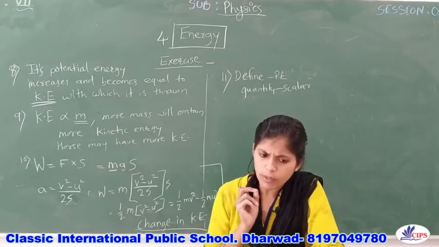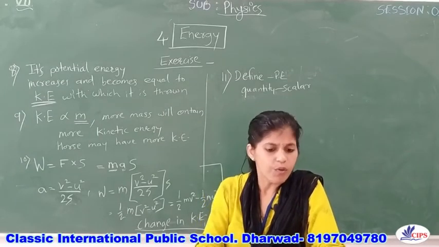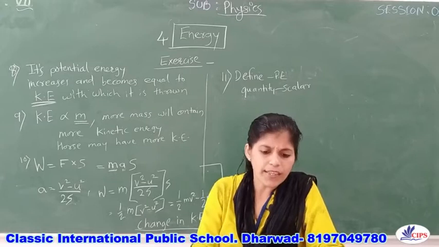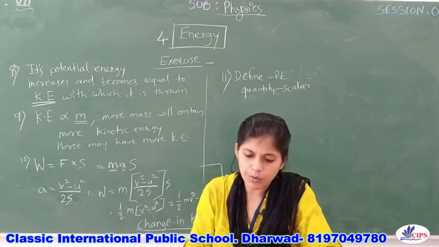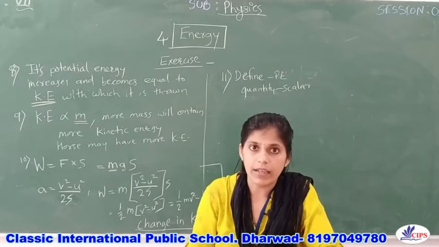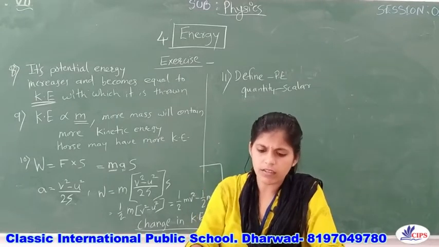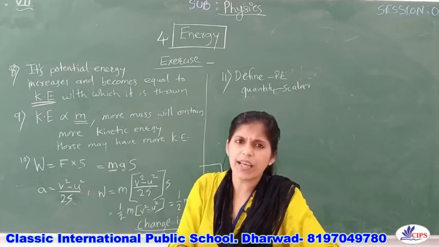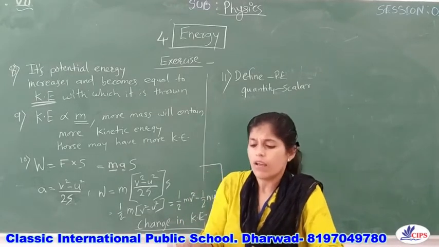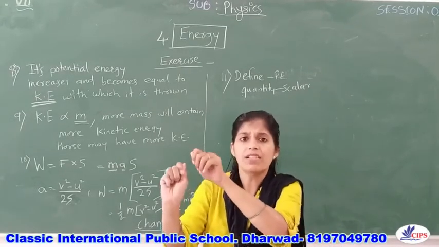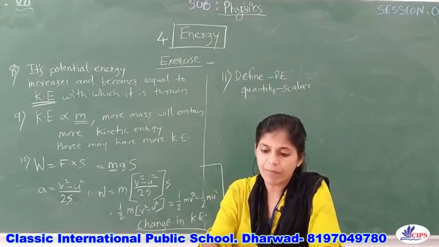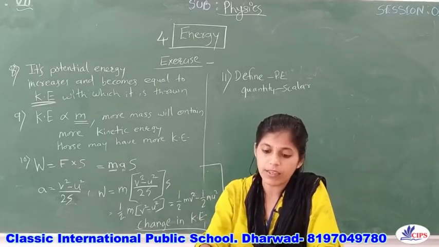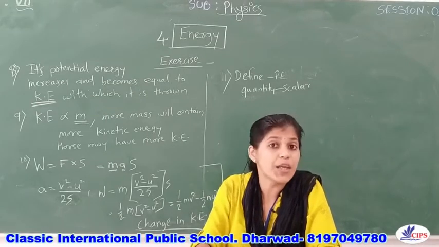Now B, in that only B they ask, give one example of a body having potential energy. Only one example you need to give there. You can give, like when we stretch a rubber band, or when we stretch the meter scale, the ruler. So we are basically transferring energy to it by doing work in changing its shape.